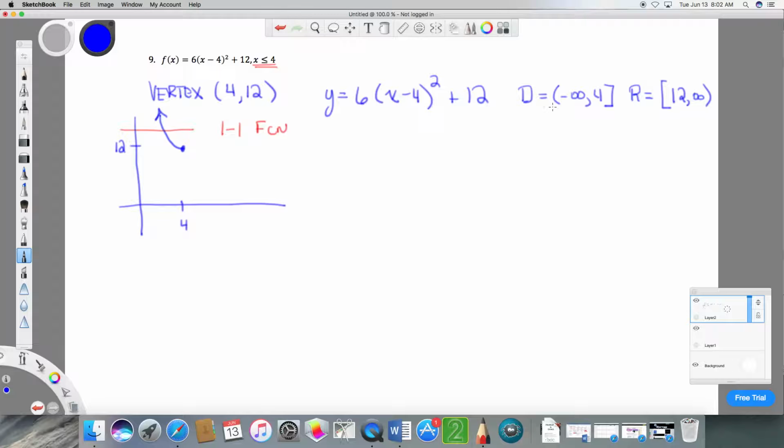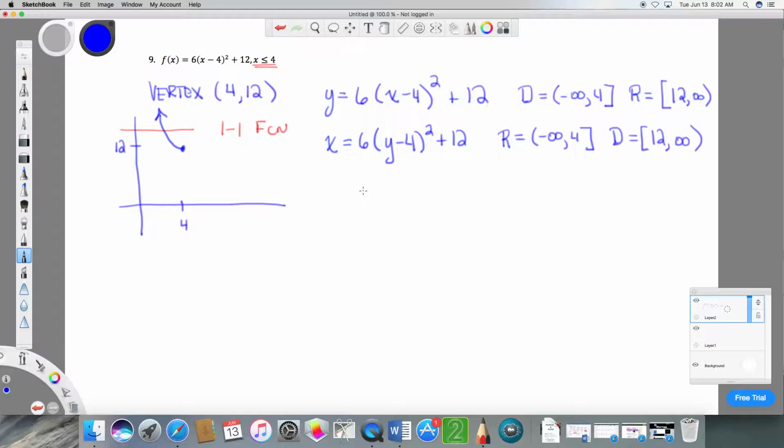So when you find the equation for an inverse, you switch the domain and range. So everywhere we see a y, we replace it with x. Everywhere we see an x, we replace it with y. So we've also switched the domain and range. Now the range is negative infinity to 4, and the domain is 12 to infinity.